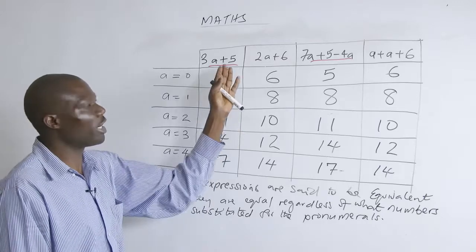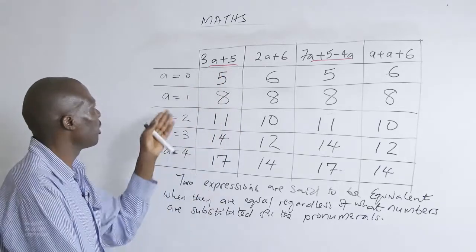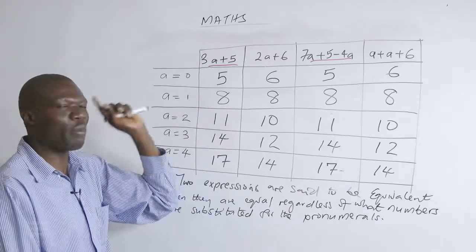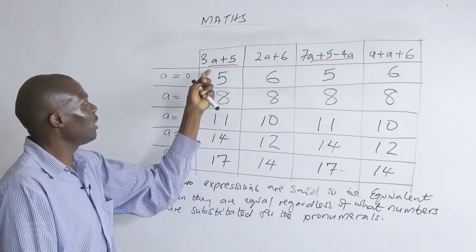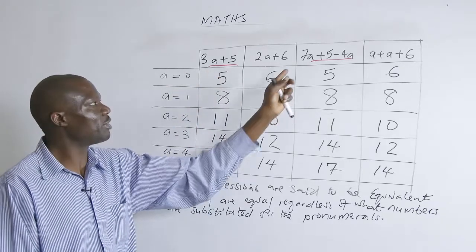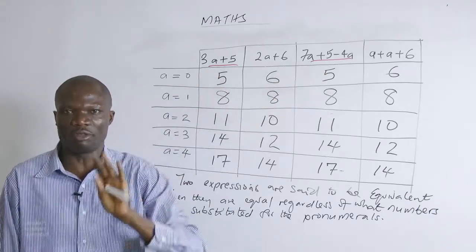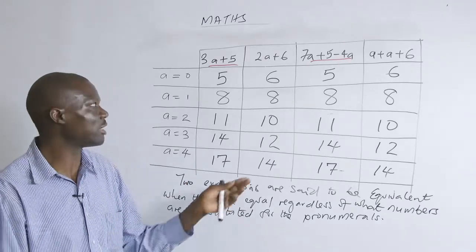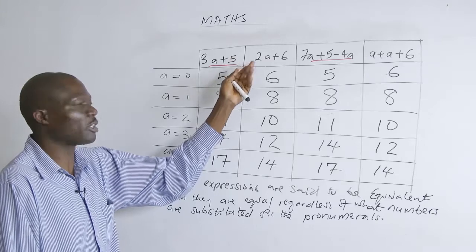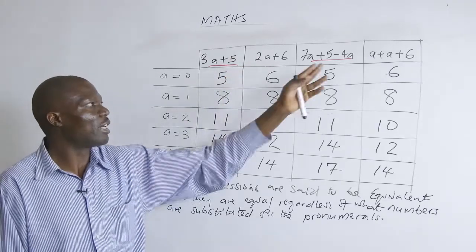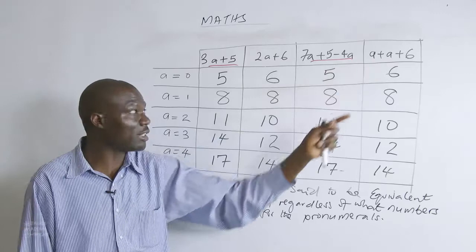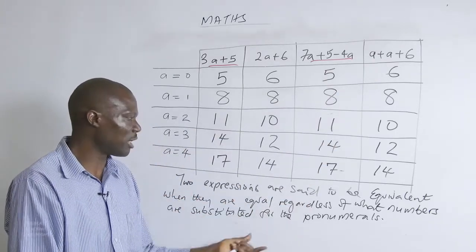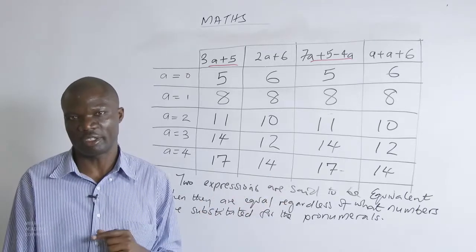The pronumeral we had here was A. Regardless of whether it was 0, 1, 2, 3, or 4, and so on, it remained that 3a plus 5 is equivalent to 7a plus 5 minus 4a. That is what this statement is trying to tell us. And the same applies that the expression 2a plus 6 is equivalent to a plus 6, because whatever substitution you make, the answer is always the same.